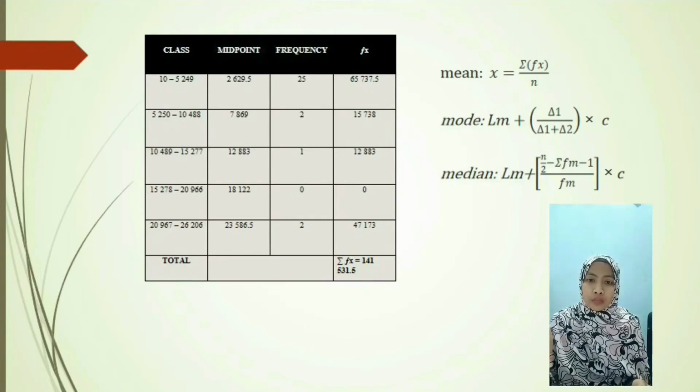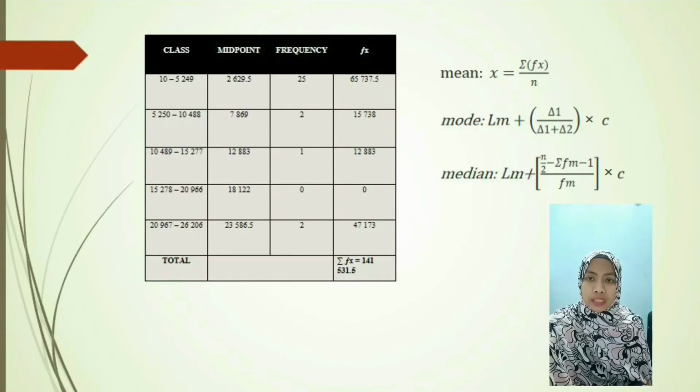To find this solution we must use these formulas. Mode is the data entry that occurs with the greatest frequency. And median is the value that lies in the middle of the data when the data set is ordered.